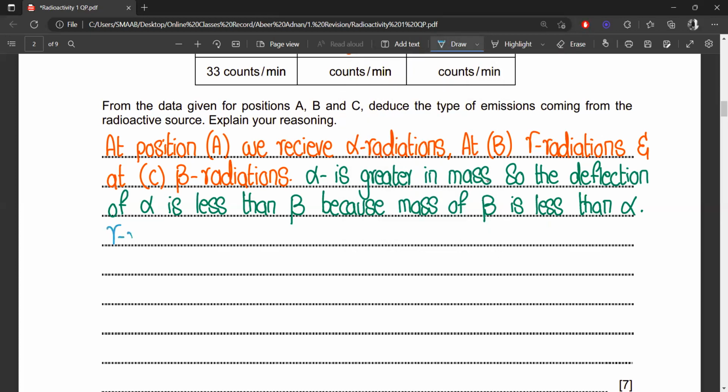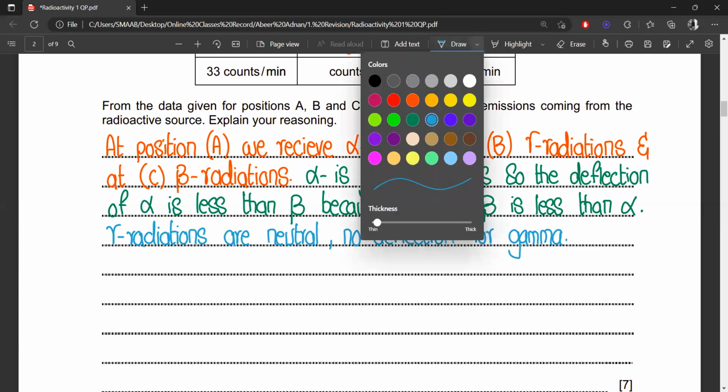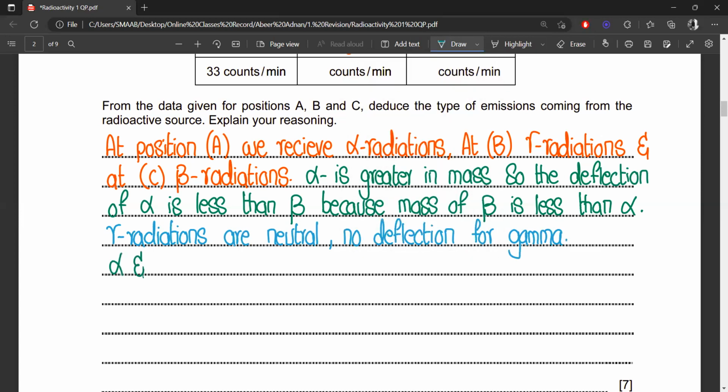Gamma radiations are neutral, so they are not affected by the magnetic field, while alpha and beta can be affected because they carry positive and negative charge, right?